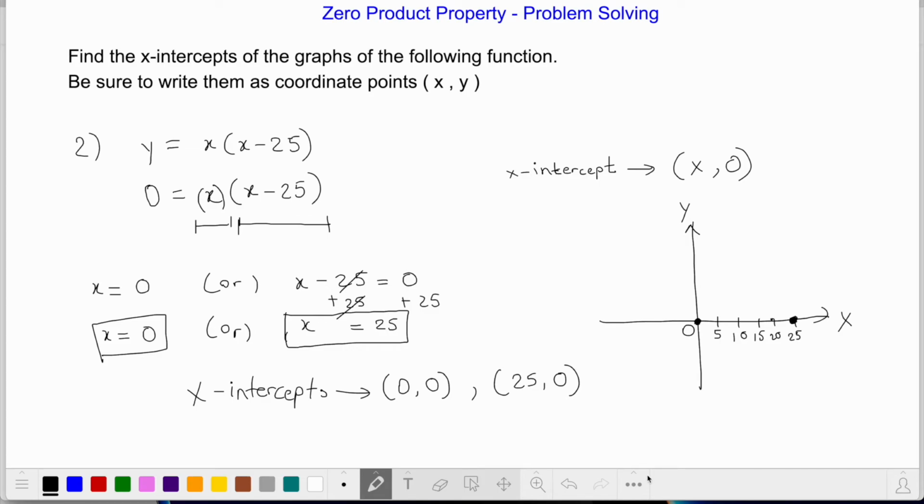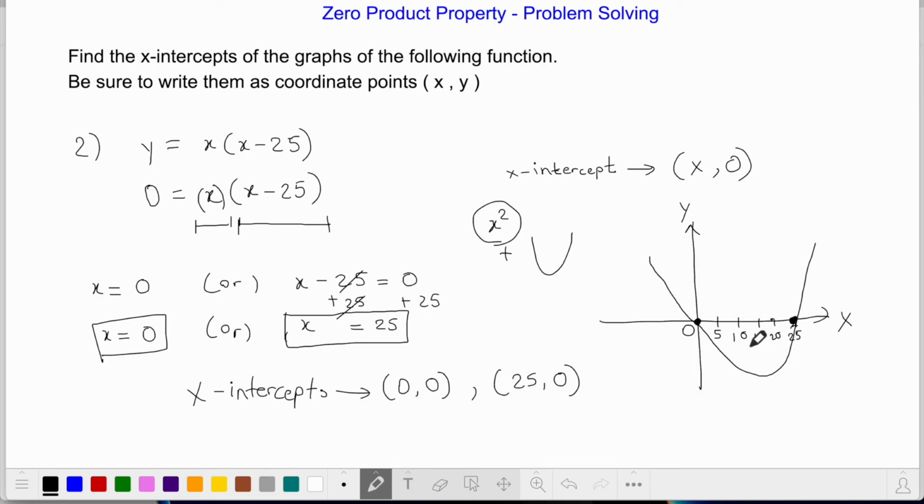We can say that the graph is U-shaped because when you multiply x and x, you get x squared and it is positive. If it is positive, you get a U-shape. So we will have a quadratic graph like this. Basically the graph will cut at 0, 0 and 25, 0.